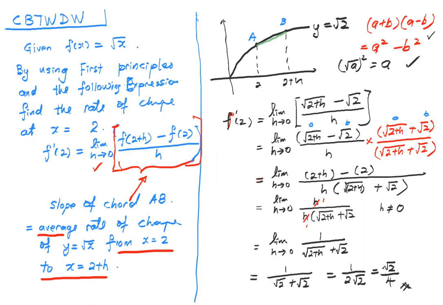Are you clear? Okay. So far, for first principle, I have shown you all the skills that you need to know to simplify what? The slope of the chord, the average rate of change. So which one am I going to ask you in the exam?